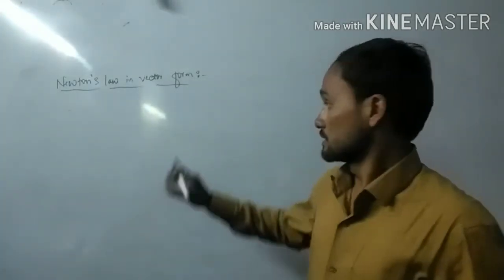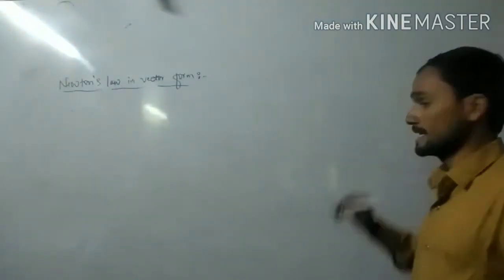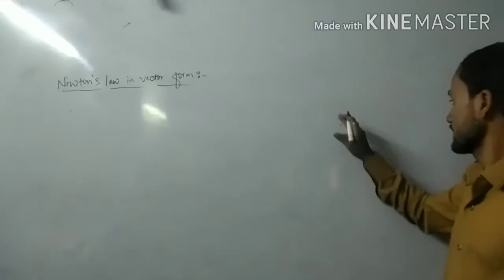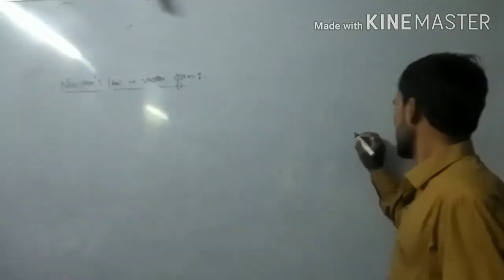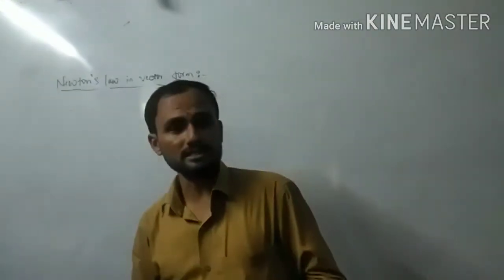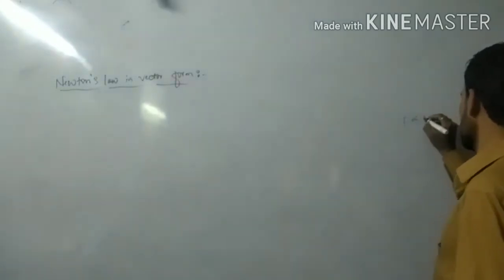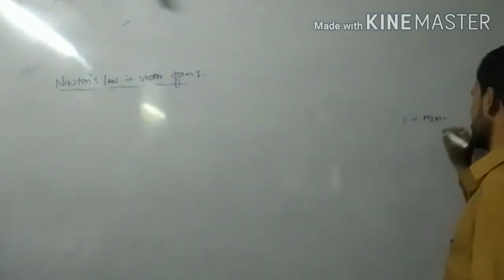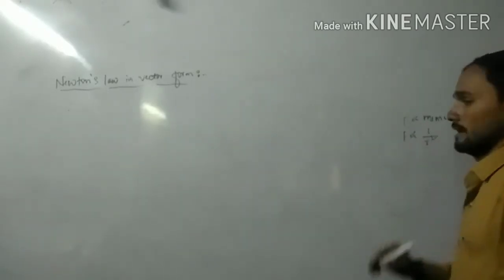We considered two bodies A and B having masses m1 and m2, separated by a small distance r. We applied Newton's law of gravitation and wrote the mathematical equations: F proportional to m1 m2, and F proportional to 1 by r square.